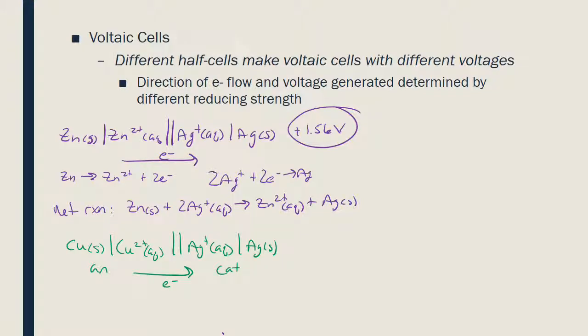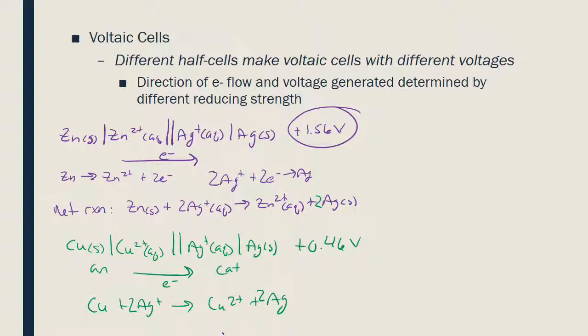Because they're closer together in the reactivity series, this creates a smaller amount of voltage, but it still is a voltage. So that is showing us in our complete reaction of copper reacting with silver, it makes copper ions and solid silver.